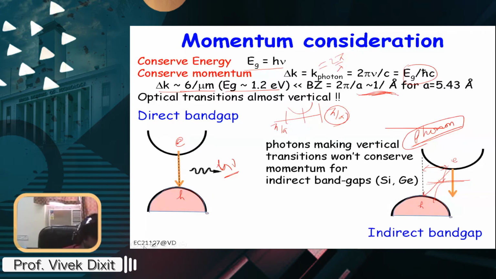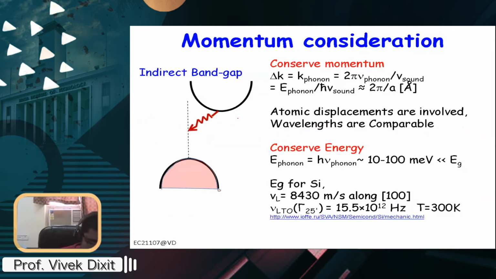This is further explained in the second slide. You can see here this is an indirect band gap semiconductor. The phonon delta K is of order 2 pi by a, but the energy of the phonon is very small, a few tens of milli-electron volts. If a phonon is involved, it will also contribute to the energy, so the energy conservation equation will look like this: Eg, the total energy released by electron-hole recombination, is equal to photon energy plus phonon energy.